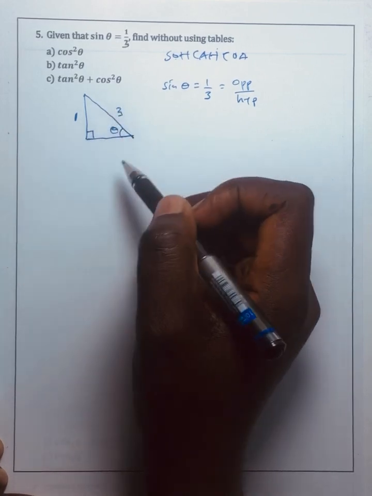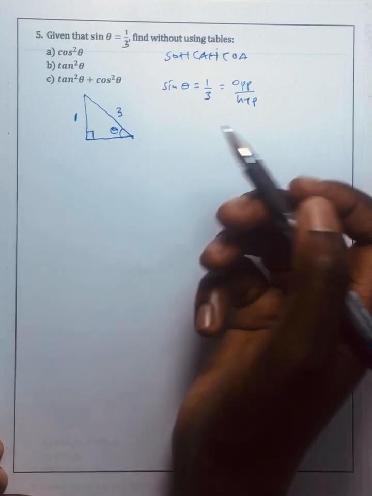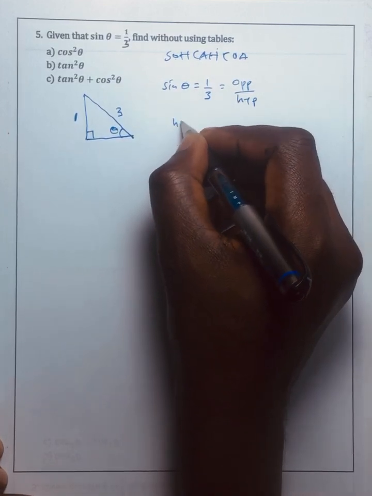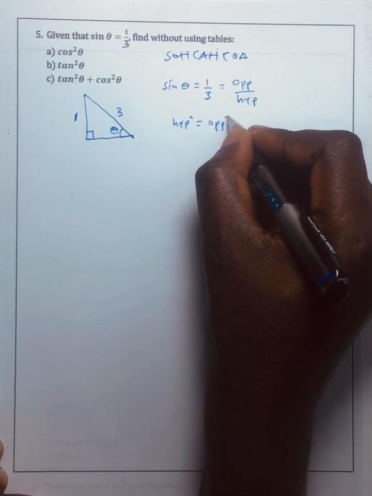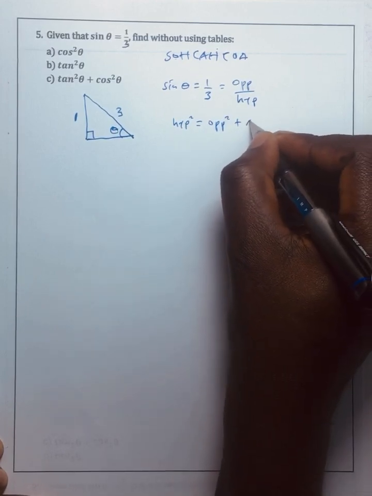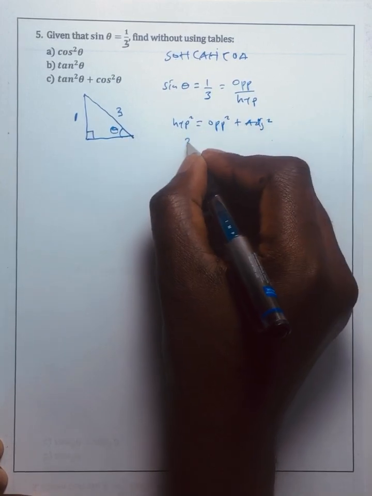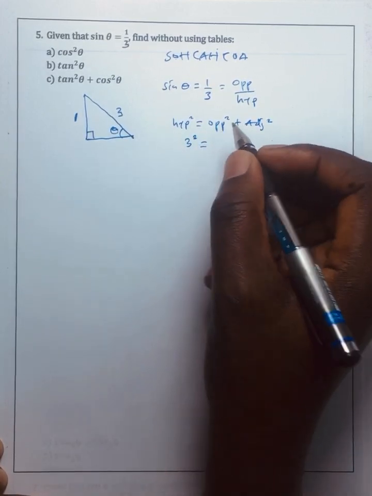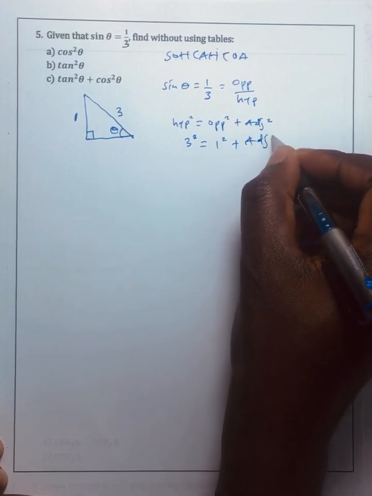So we can use Pythagoras theorem to obtain the other side, that is the adjacent there. So we know that hypotenuse squared is equal to opposite squared plus adjacent squared. In this case we have the hypotenuse as 3, so you have 3 squared is equal to opposite, which is 1 squared, plus the adjacent that we do not know, squared.